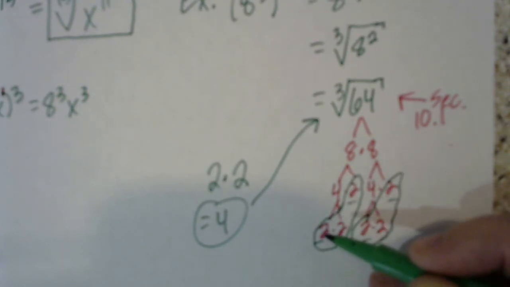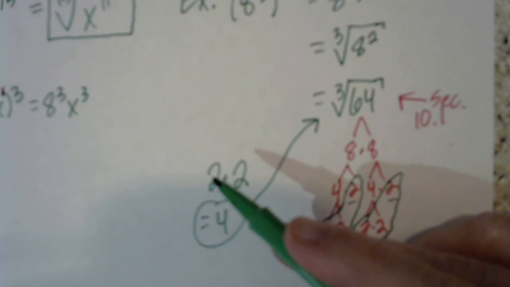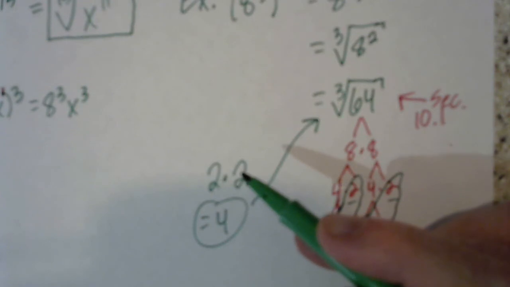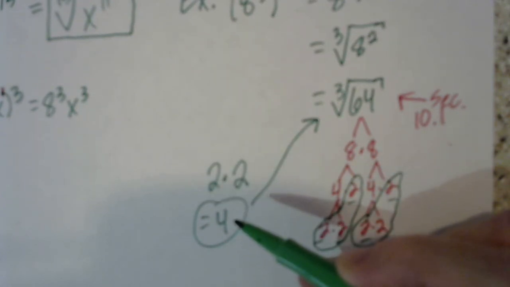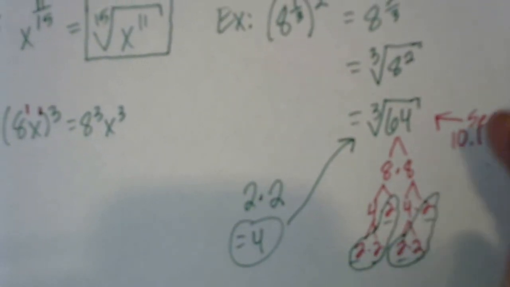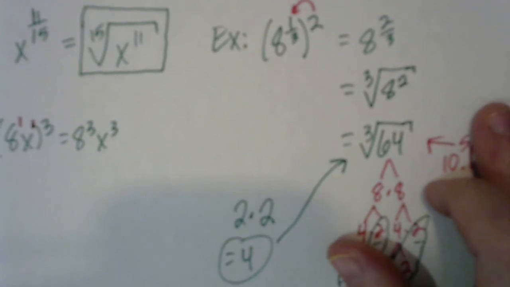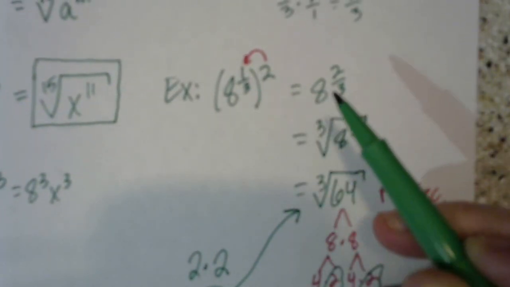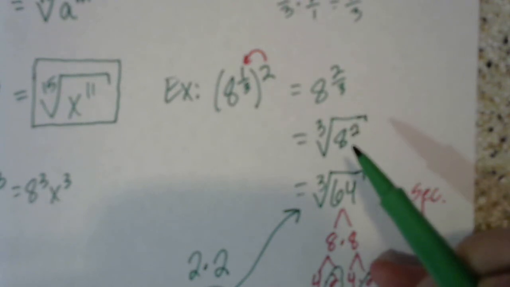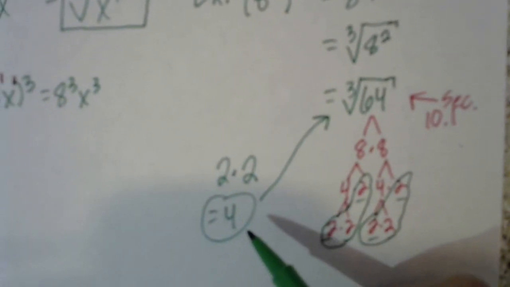So each group of 3 is represented once when you bring it outside the radical. So this group comes out, represent itself once. 2 times 2 is 4 is actually the answer. Okay? So a lot of times we do have to rewrite something from exponential to radical form in order to simplify further.